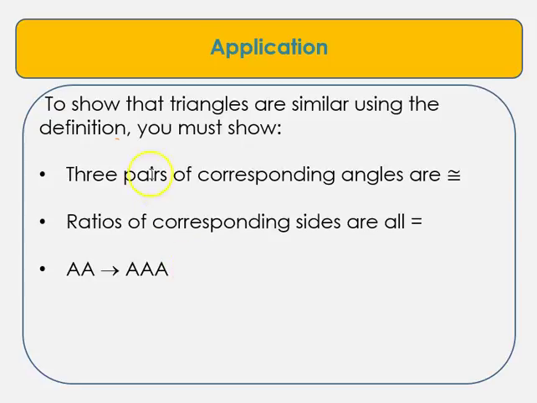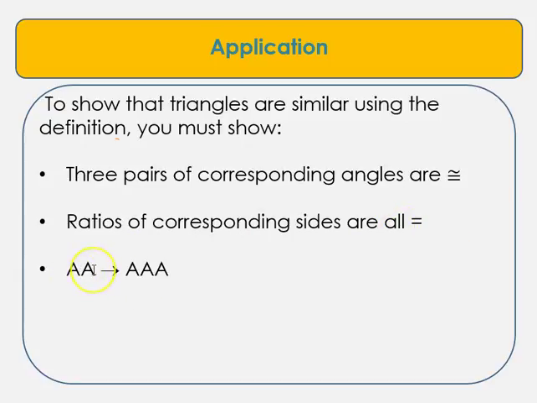Let's apply some of what we've learned to show that triangles are similar. Using the definition, you have to show 3 pairs of corresponding angles are congruent, and the ratios of the corresponding sides are all equal.